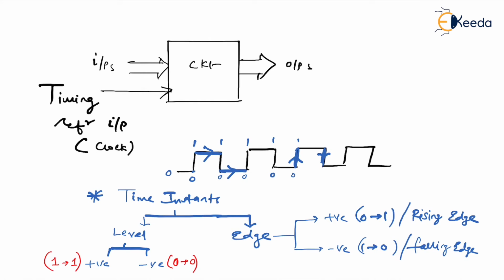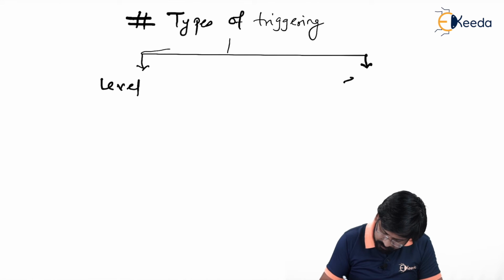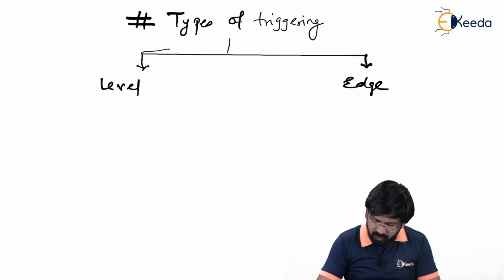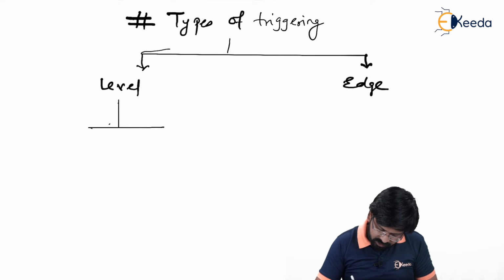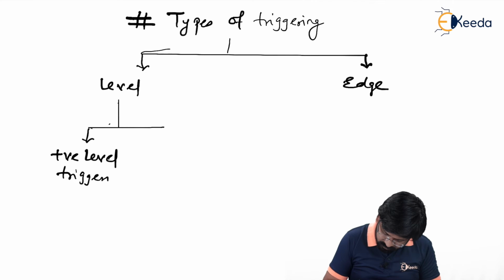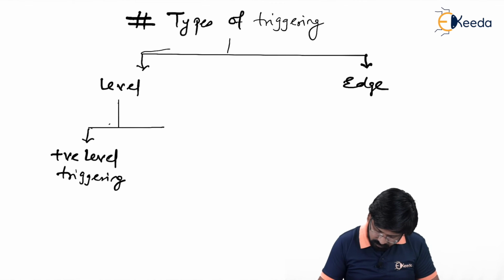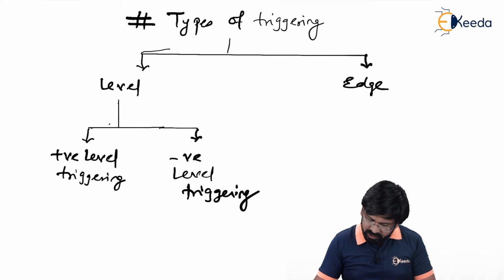So now we shall see the types of triggering. There are two types. The first one is called level triggering, the other one is called edge triggering. So the types of triggering are not different from the time instants. Positive level and negative level come under the level triggering category, and in edge triggering, again we have two types.